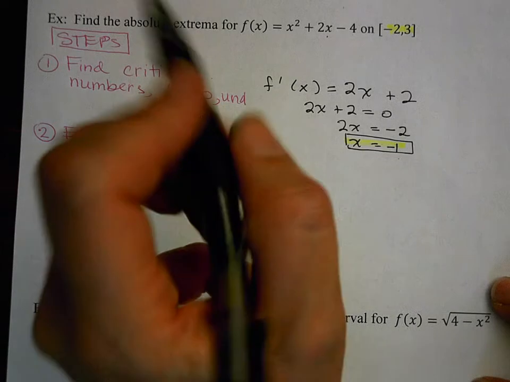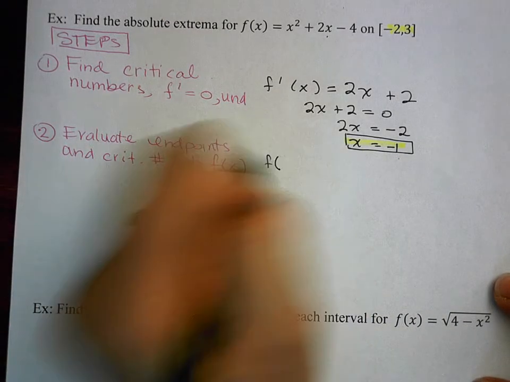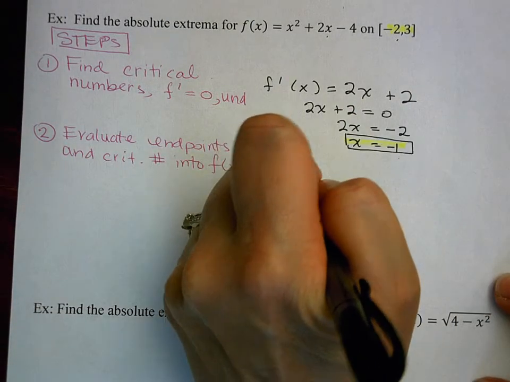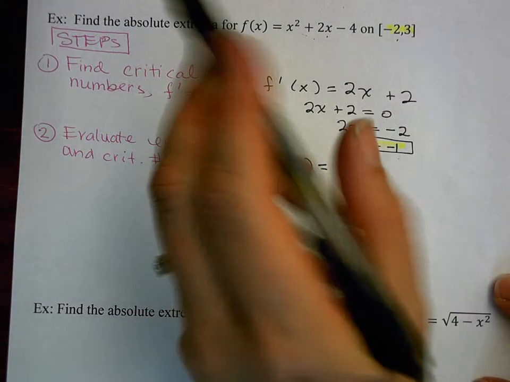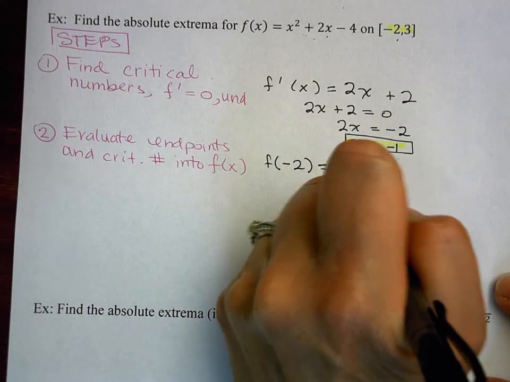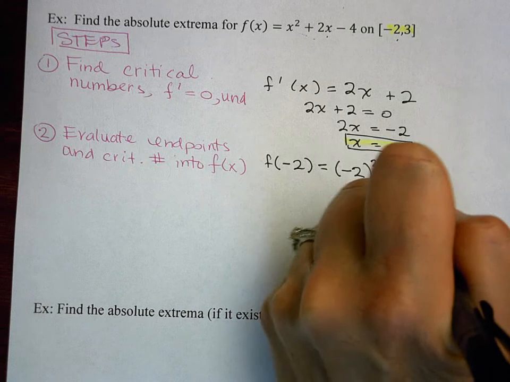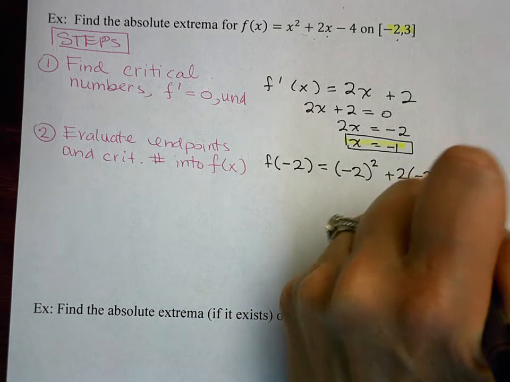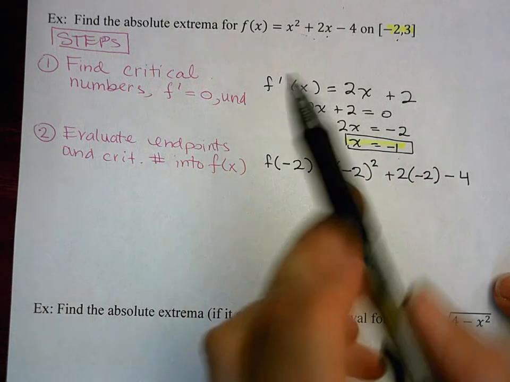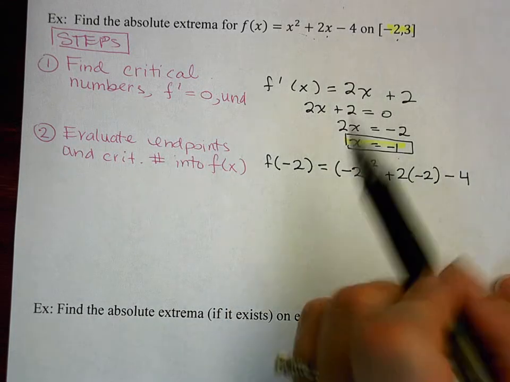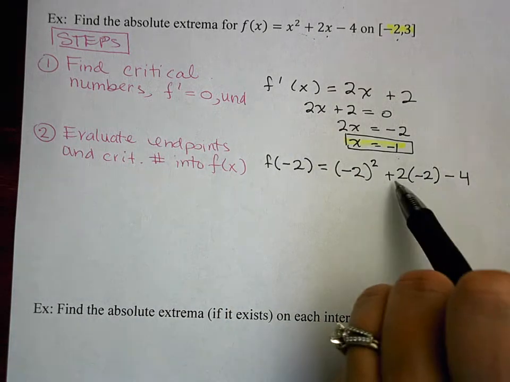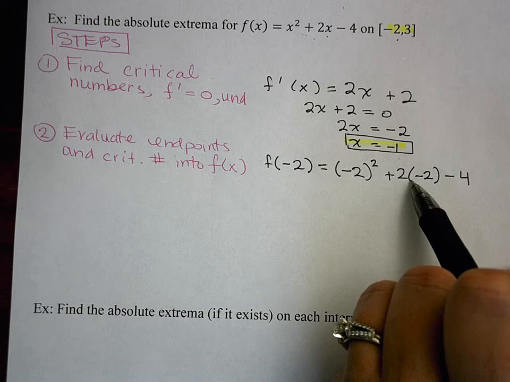So I'm going to evaluate -2 into my function, replacing all my x's with -2. So -2 squared plus 2 times -2 minus 4. 4 minus 4 is 0, and then minus 4 is -4.